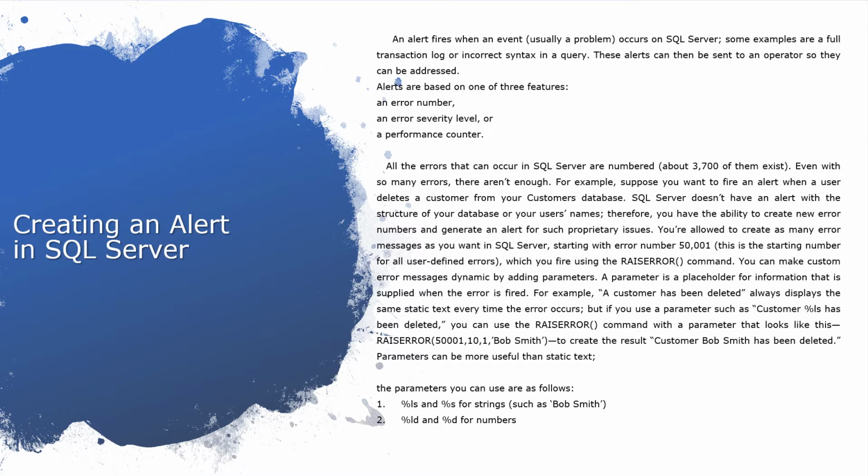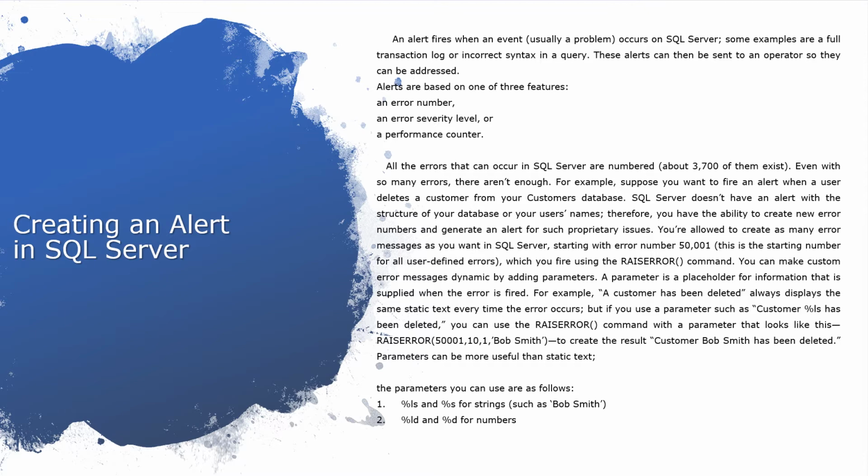But if you use a parameter such as "customer %ls has been deleted", you can use the RAISERROR command with a parameter that looks like this: RAISERROR 50001, 10, 1, 'Bob Smith', to create the result, "customer Bob Smith has been deleted." Parameters can be more useful than static text.